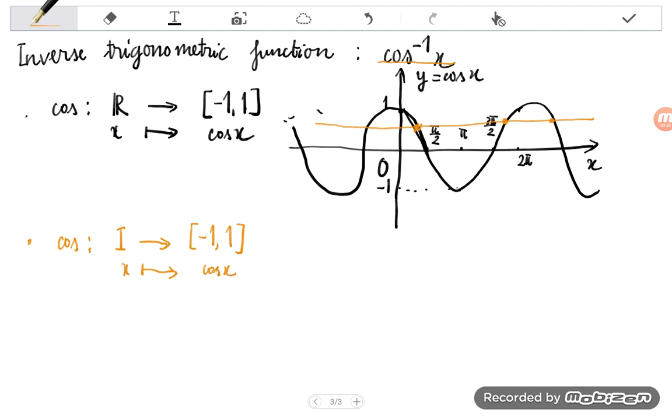We will modify this cosine function to a new cosine function with domain not R, but a new interval I, so that the new function will have the inverse function. What we should do here is choose the interval I.